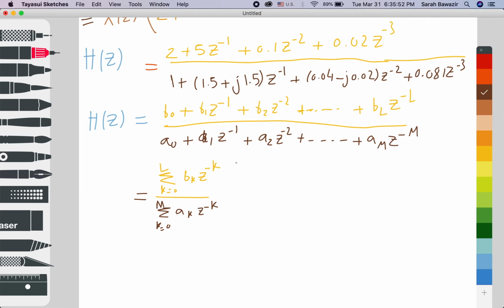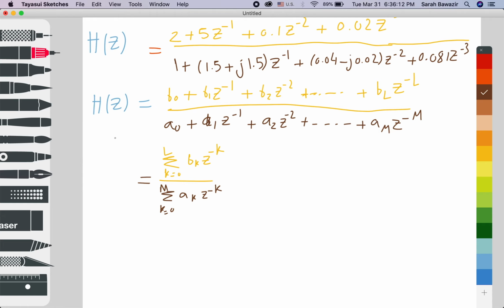In MATLAB, when we are defining transfer functions and using different commands to manipulate them, we should enter them as vectors. And how do you enter those vectors? You enter two vectors.